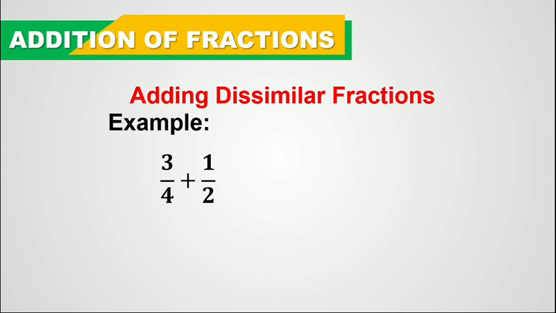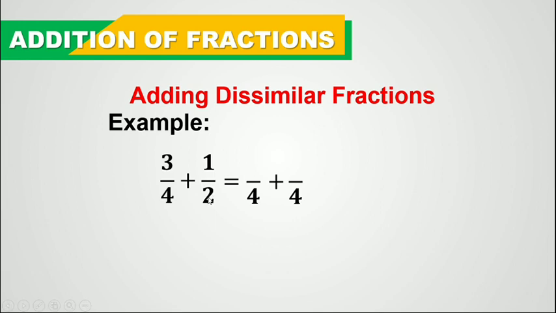Or in other words, it is a number which is divisible by both denominators. As you can see, this is 4 and 2, so you look for the lowest number, ha? So ang pinakagamay nga number na pwede divide sa duha ka denominators, and that number is definitely 4, right? 4 is divisible by 4, and 4 also is divisible by 2, right?